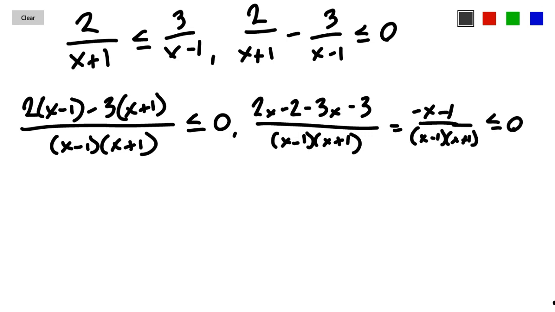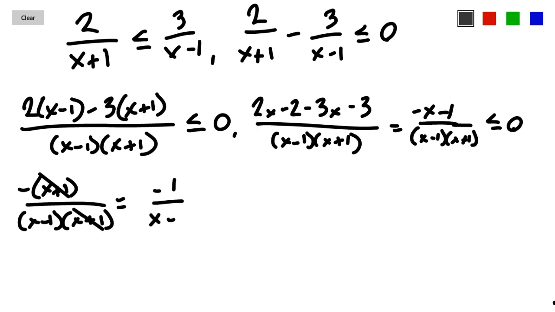And then finally, I can factor out a negative 1 here, and I have x plus 1. So this is negative x plus 1 divided by x minus 1, x plus 1. And these cancel. So I end up with a negative 1 over x minus 1. It's less than or equal to 0.